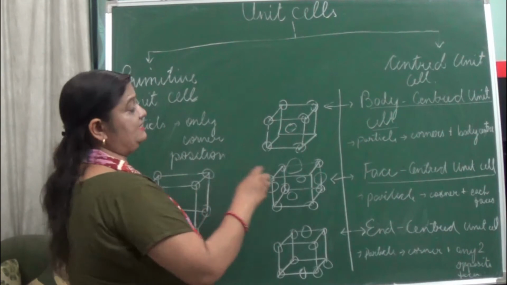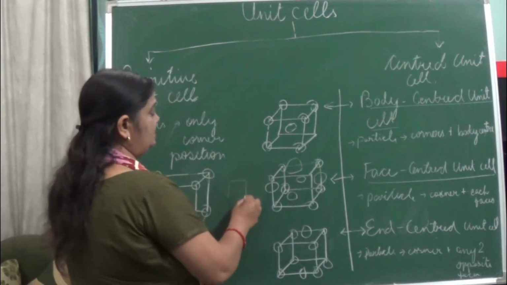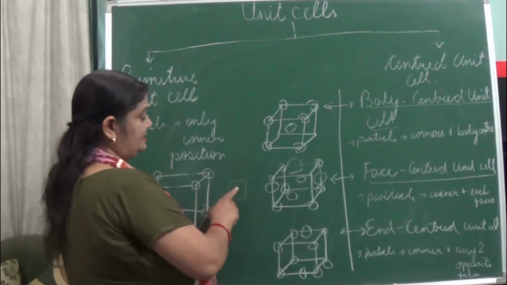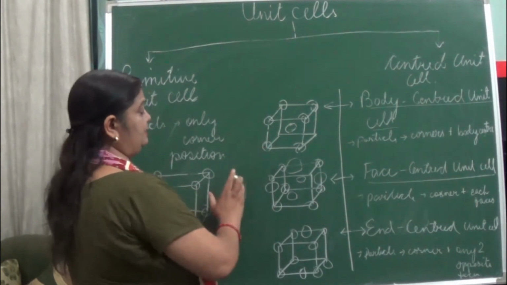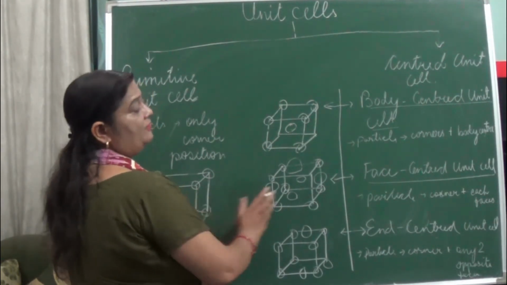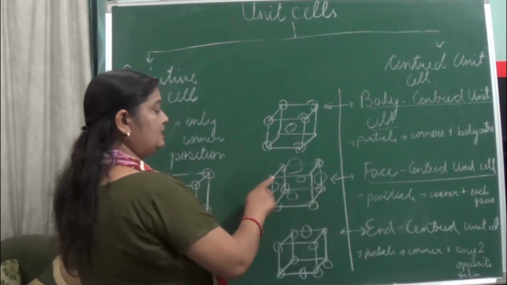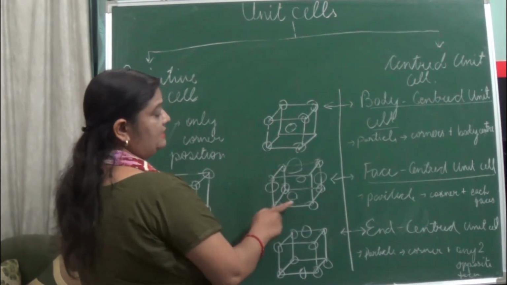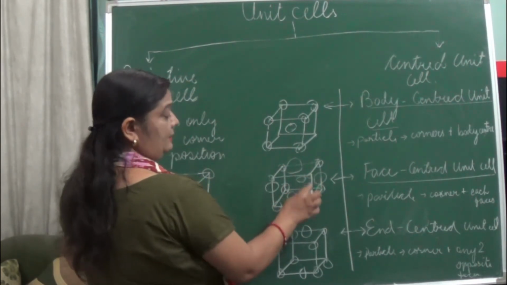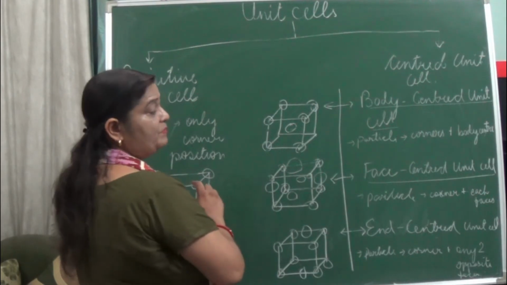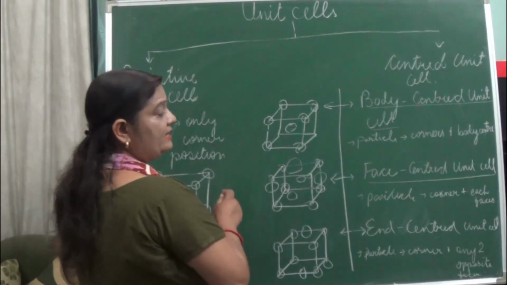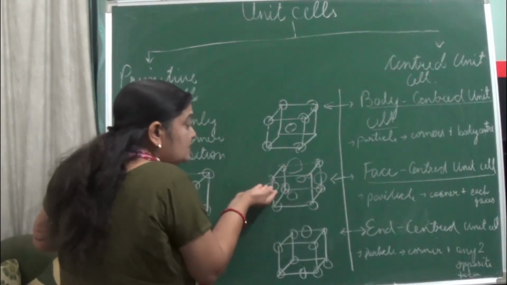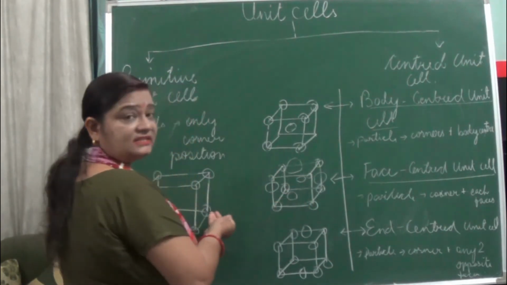As the name suggests, face means all the faces, all the planes. In this face centered unit cell, the particles are at all the corners, as in the primitive unit cell, plus they are present at each face of the cube. So how many faces are there in the cube?